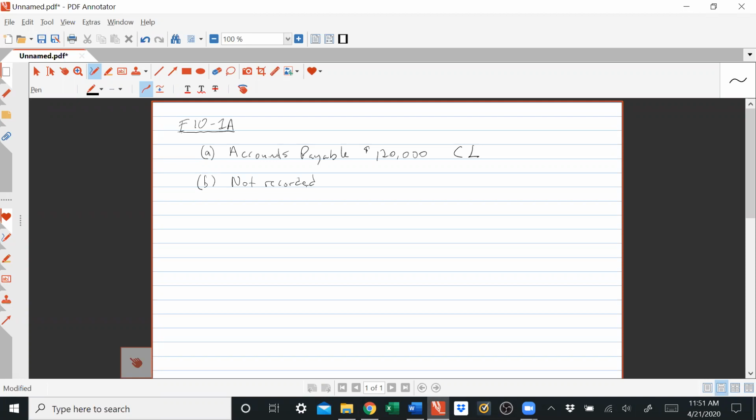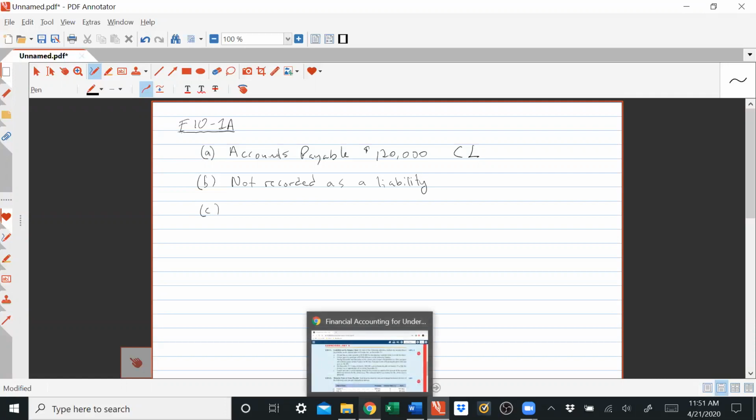We've basically just told someone else, we're going to buy the drill press from you next year for $30,000, but we haven't done anything. They haven't given us the drill press. We haven't given them any money. We just said we would buy it.